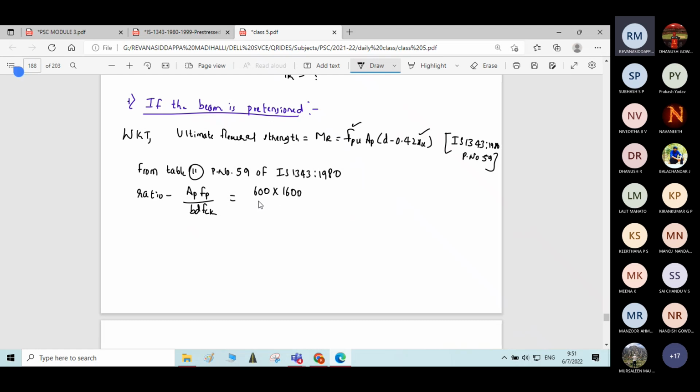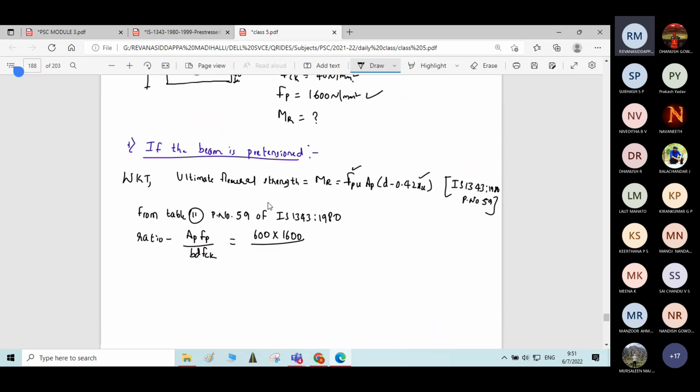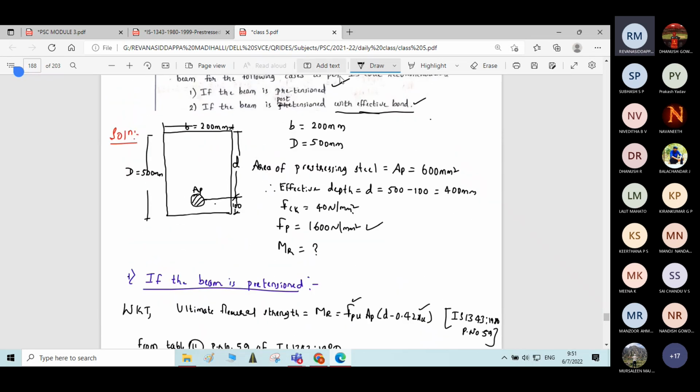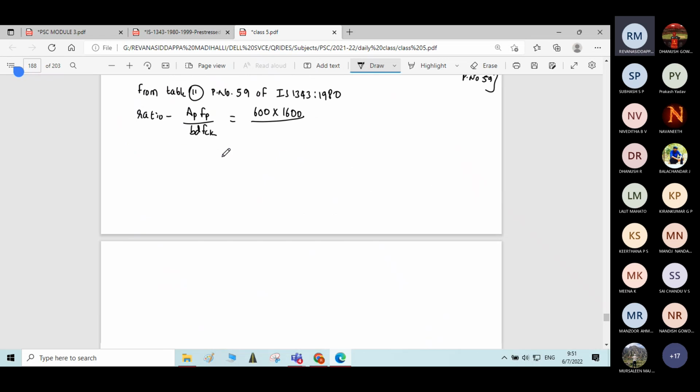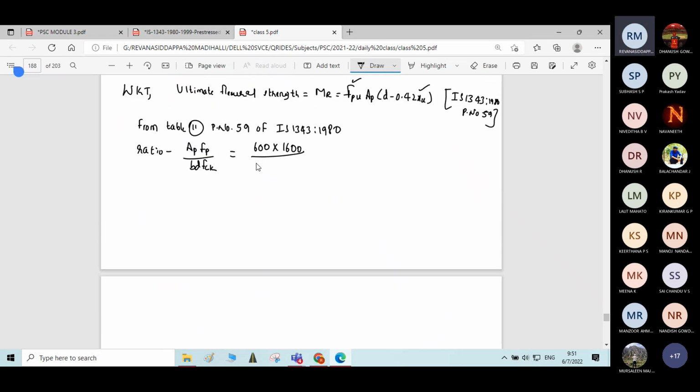Characteristic strength of the pre-stressing steel, divided by width of the beam, which is given as 200, and effective depth is 400, not the overall depth, and grade of concrete is given as 40.